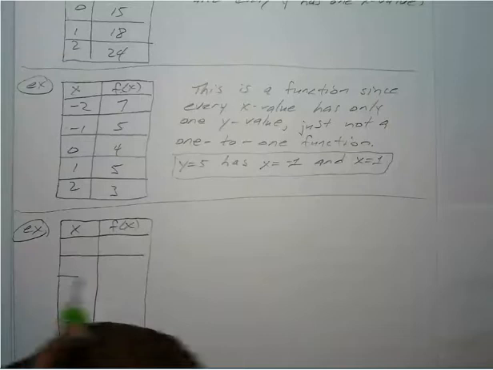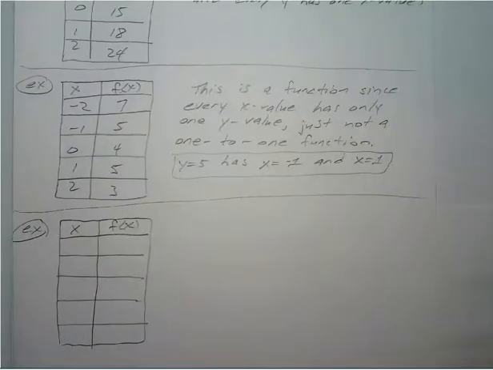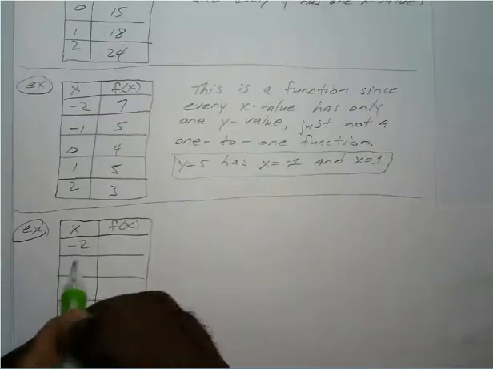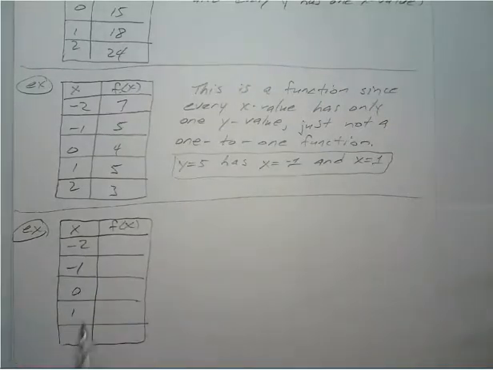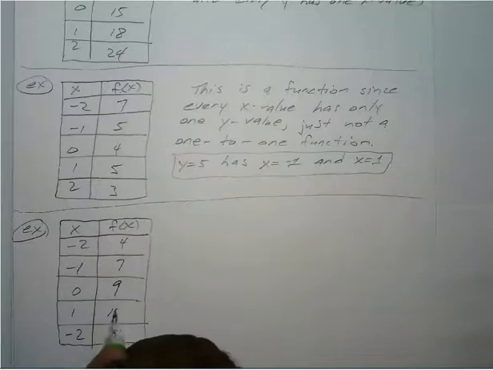And 1, 2, 3, and 4. All right, so again, let's go -2, -1, 0, 1. And instead of 2, let's put another -2 there. And make this 4, 7, 9, 15, and 8.